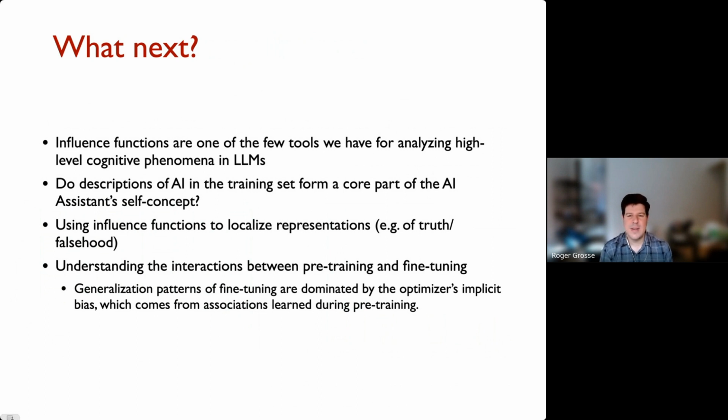And these objectives might have surprising unintended consequences. And so this is a research challenge because the generalization patterns in fine-tuning are very heavily influenced by implicit biases of the optimization procedure. And so we'll need to extend influence functions to be able to account for these implicit biases.